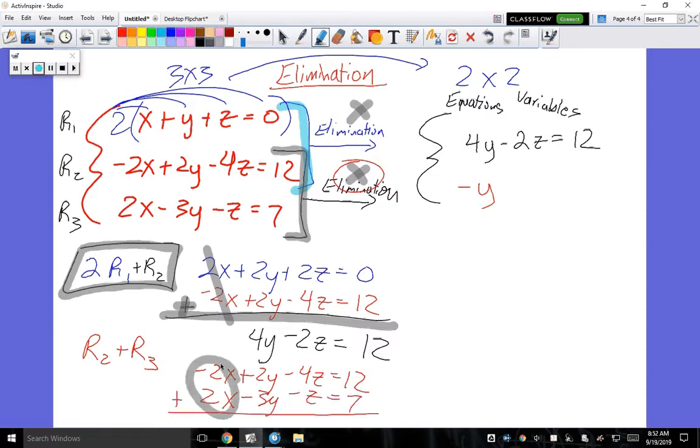And you see, those cancel to 0. You have to be good at adding and subtracting negatives. So positive 2 minus 3 is negative 1. And then you have over here a negative plus another negative. You get negative 5z. And anyone, what do I get on the other side? 19.